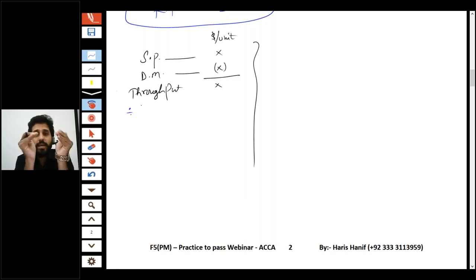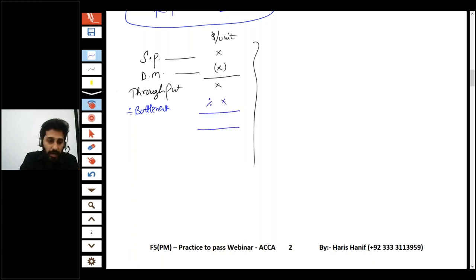You know that there is a contribution per limiting factor, but here we will have a bottleneck. The bottleneck will be either labor hours or machine hours, because material is not the constraint here. So this is the bottleneck, that is hours per unit. Now this figure would be per hour.